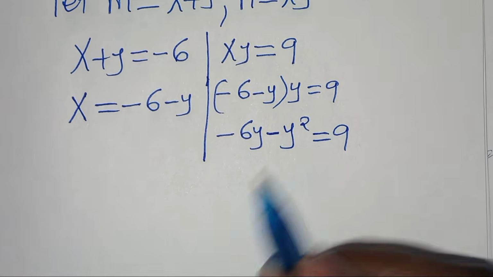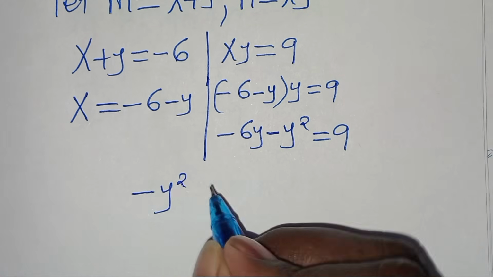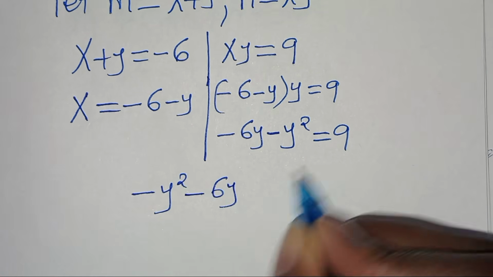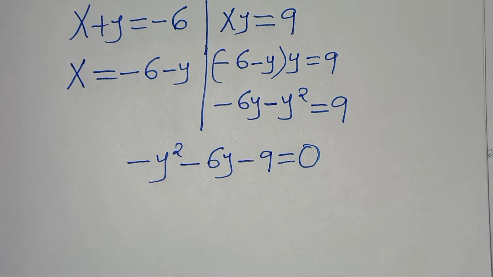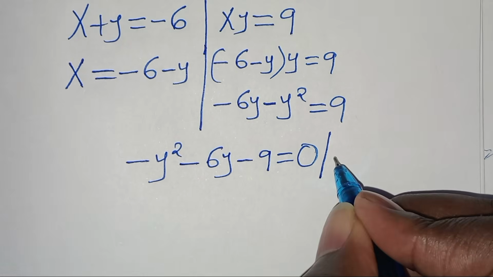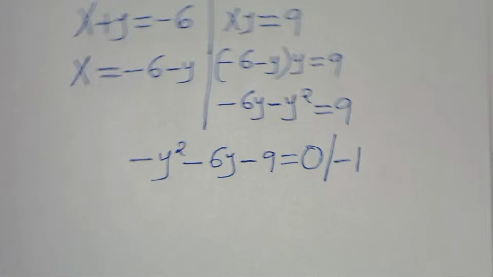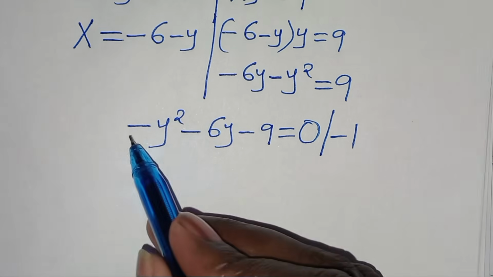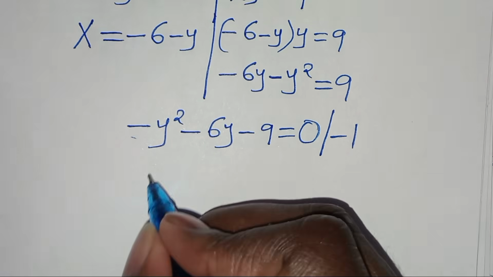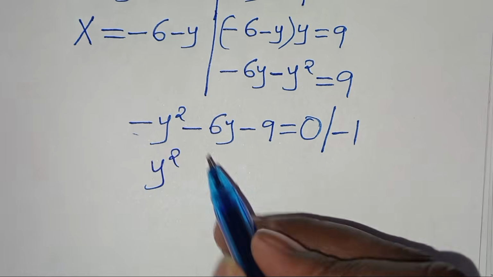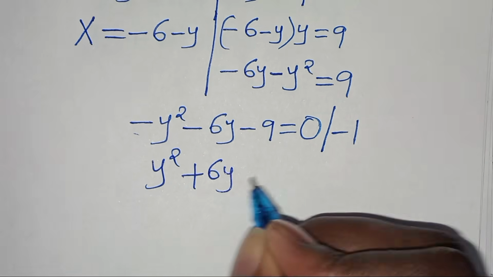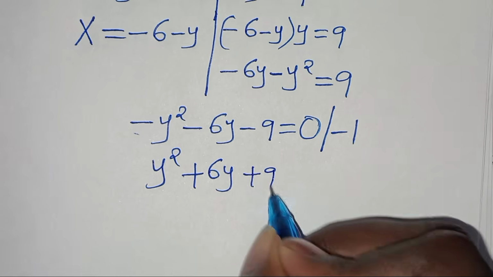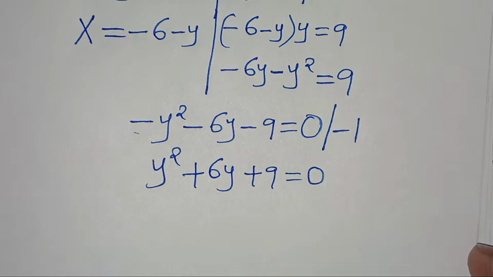Now, we can write this as minus y squared minus 6y, then minus 9, equal to 0. Now, let's divide both sides by minus 1. So that now, minus y squared divided by minus 1 is y squared. Minus 6y divided by minus 1 is plus 6y. Then plus 9, equal to 0.